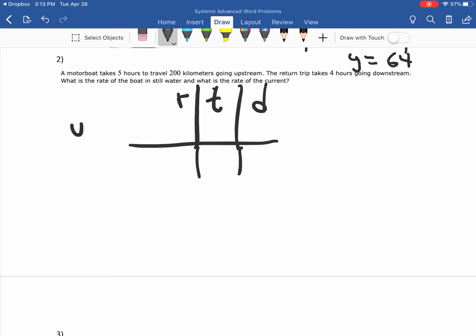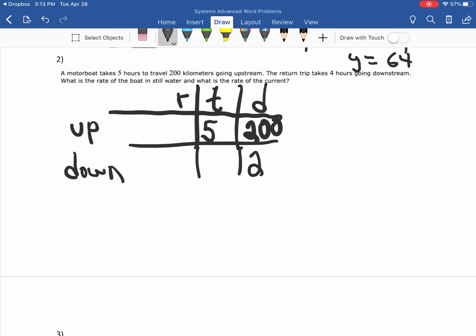Okay, so we have upstream and downstream. Let's see what we can fill in. So for upstream, 5 hours, 200 kilometers. Return trip, obviously also has to be 200 kilometers, and 4 hours. So this is going to be like number 1. If you're going upstream, you're fighting the current in the water, because the current wants to push you down, but you're going up.